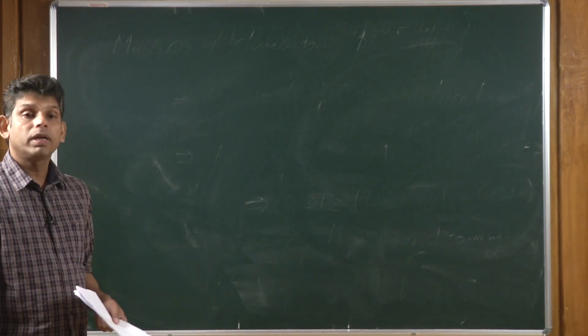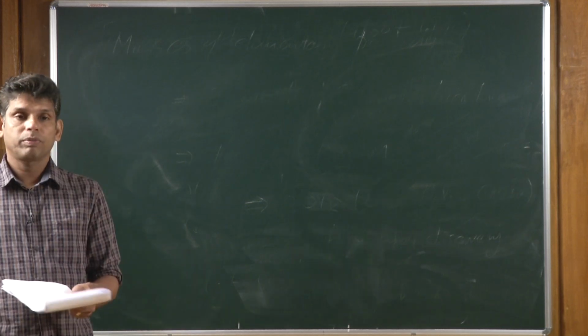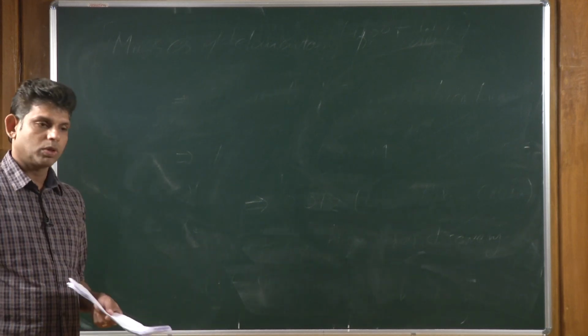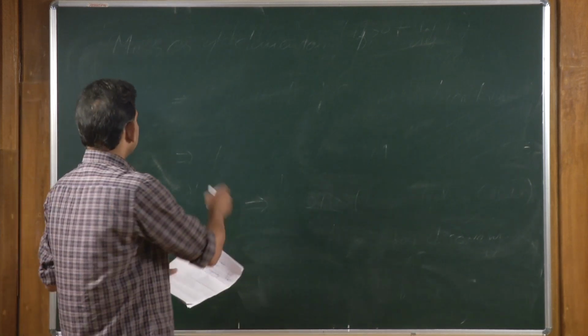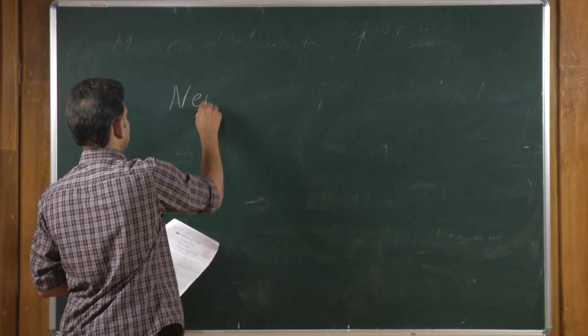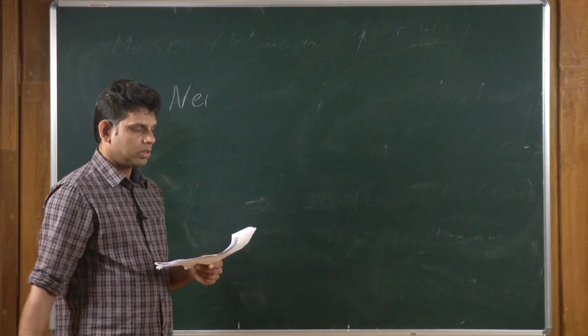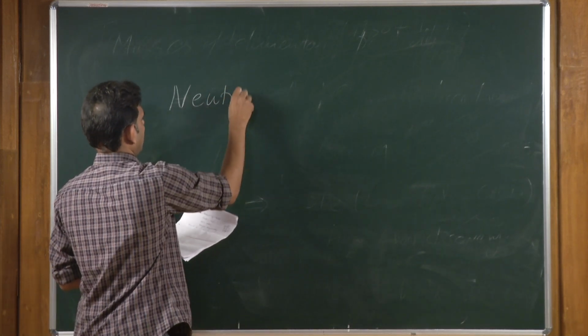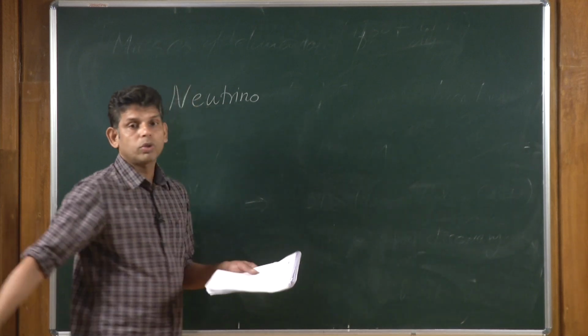So, basically we have many other things that are happening, apart from the Higgs boson and its properties. For example, there are particles called neutrinos, which I already introduced.